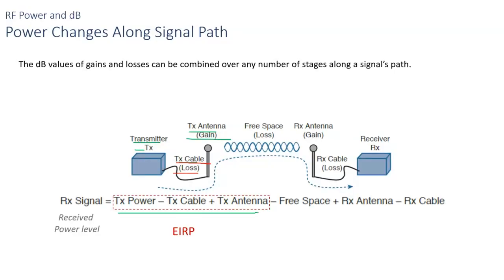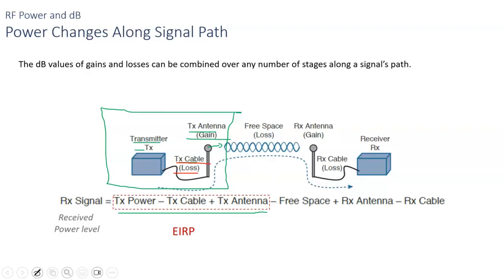This part is the EIRP, which is related to the transmitter. Effective isotropic radiated power. The power that is radiated by the antenna. This is related to the transmitter. Effective isotropic radiated power. But the signal after it has travelled.